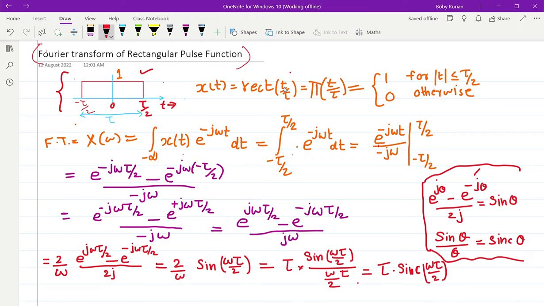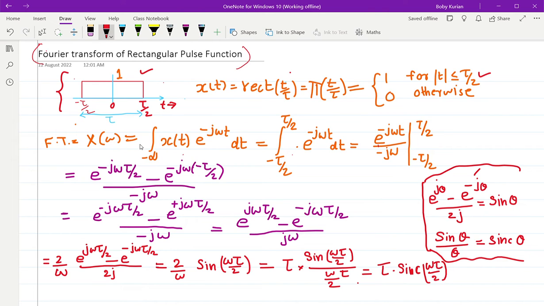It is also denoted as pi of t by tau, which is defined as 1 for mod t less than or equal to tau by 2, 0 otherwise. We have to find the Fourier transform of this function.